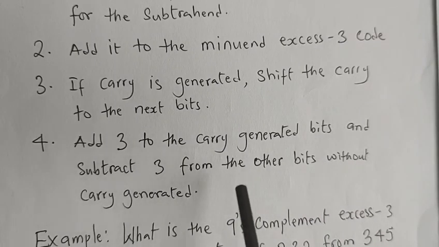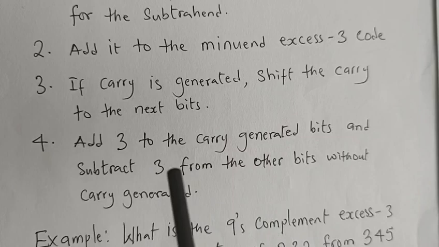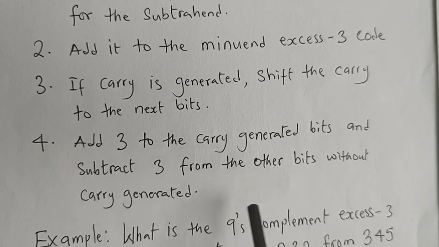So in a scenario where we have carry generated bits, we need to add 3. And if the bits do not generate carry, we need to subtract 3. That's what this rule says, and we're going to see how this is applied.